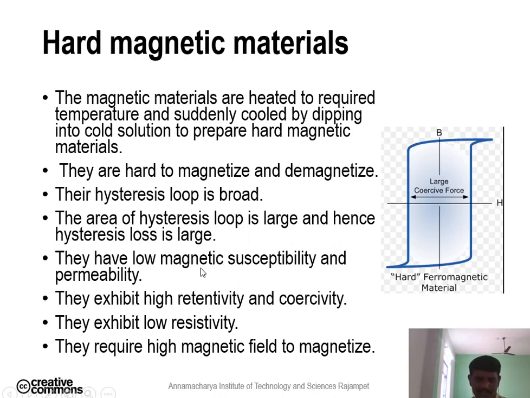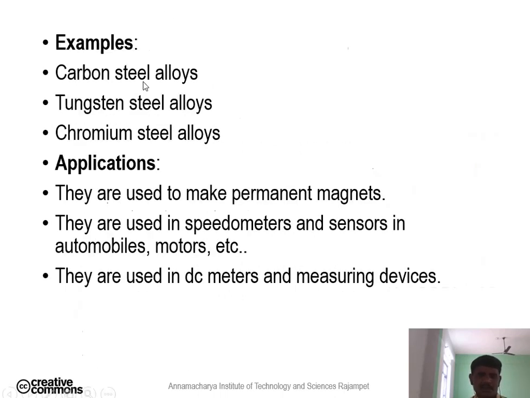They have low magnetic susceptibility and permeability. They exhibit high retentivity and coercivity. They exhibit low resistivity and they require a high magnetic field to magnetize. Cobalt steel alloys, tungsten steel alloys and chromium steel alloys are examples of hard magnetic materials.